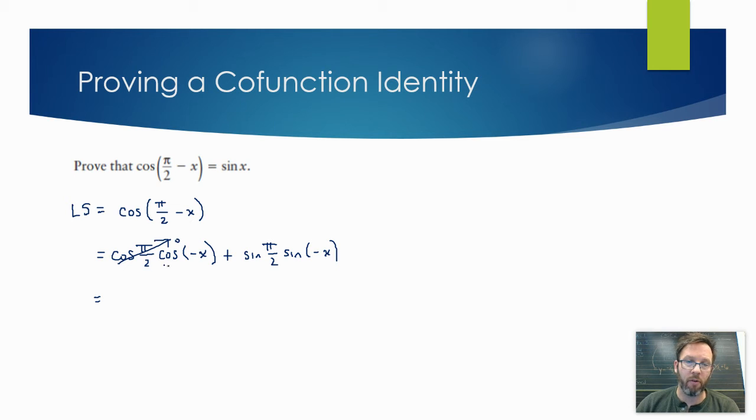So this whole term is gone. And the sine of pi by 2 is equal to 1. Now I might show an extra step here. If you feel comfortable in your notes, maybe you don't have to show this, but cosine pi over 2 is 0. Sine pi over 2 is equal to 1. So that's just equal to the sine of minus x.